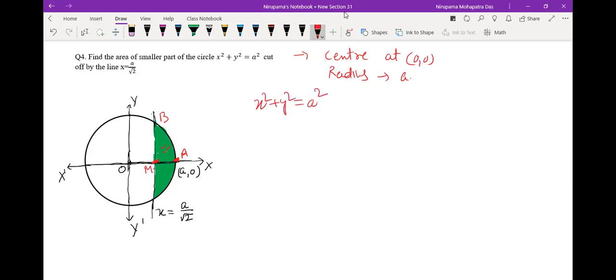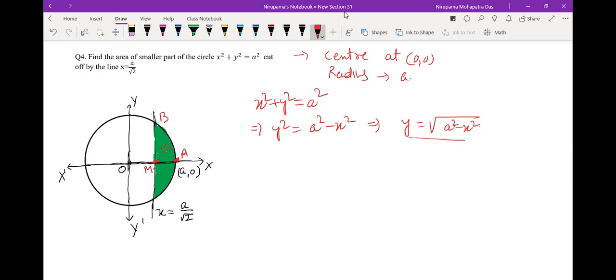This implies y square equal to a square minus x square, because we have to write the function in the form y equal to f(x). So y is under root a square minus x square. The rough sketch is complete, shading is complete, limits are ready, and the function is also ready.